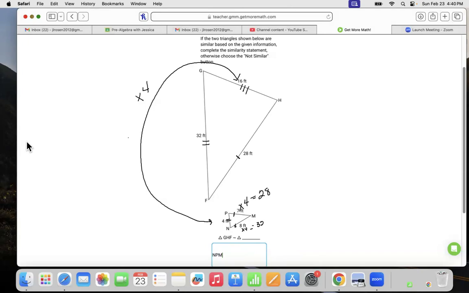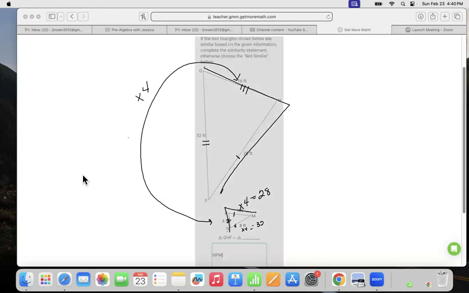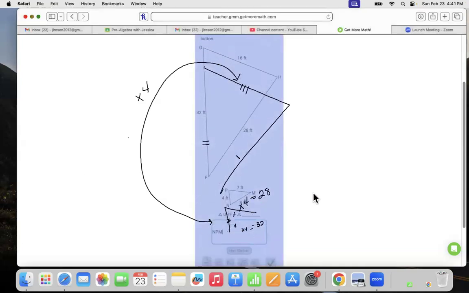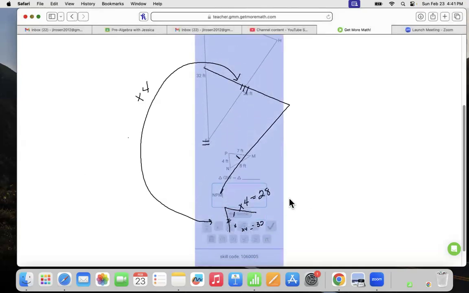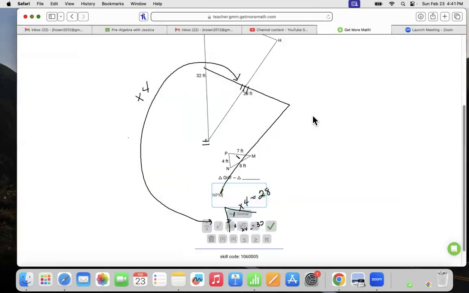So again, what I did is I put the tick marks, right? And it went GHF. So I'm going to go GHF. 3 marks, 1 mark, 3 marks, 1 mark, NPM. And let's make sure that that's what it came out to be. Check mark. There we go. All is good and green.